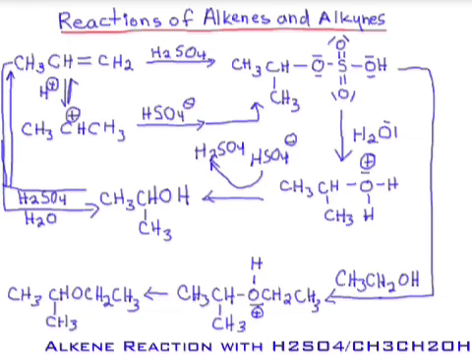So because of this, yields are rather poor. That is, we don't get a lot of the alcohol because it is an equilibrium. The alcohol can react with the acid in the presence of heat to go back to the alkene. And so there's an equilibrium between the two.